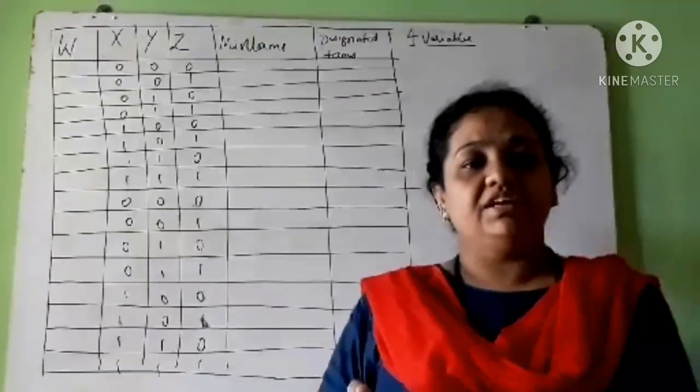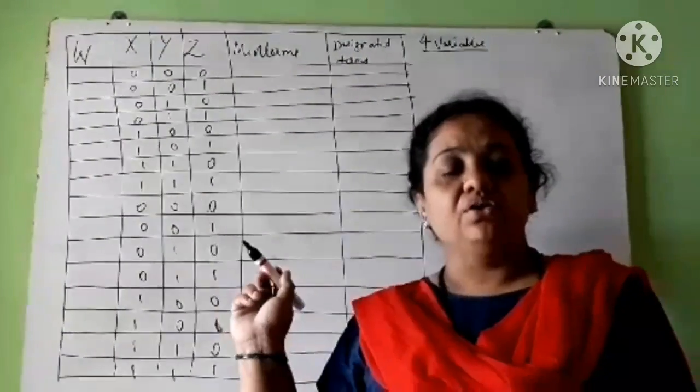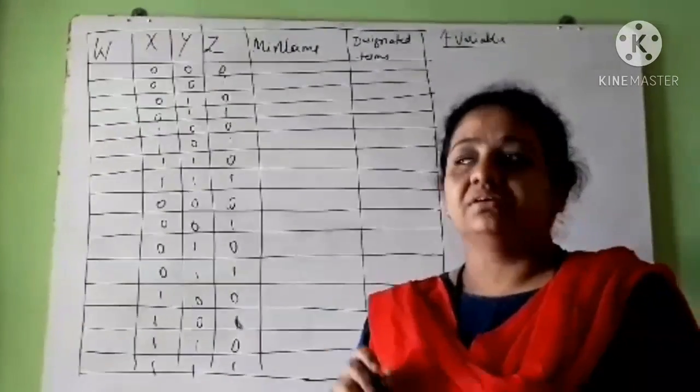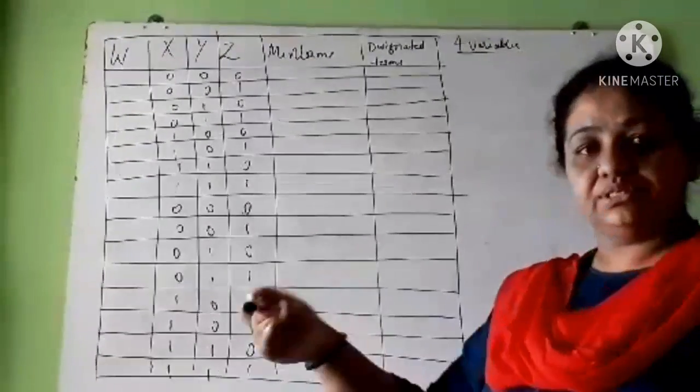For the first variable, there will be 8 zeros, 8 ones.